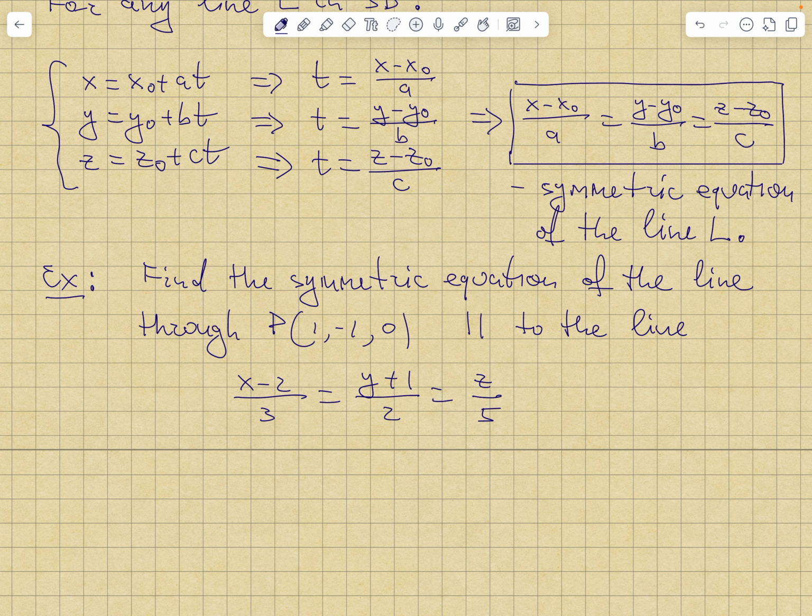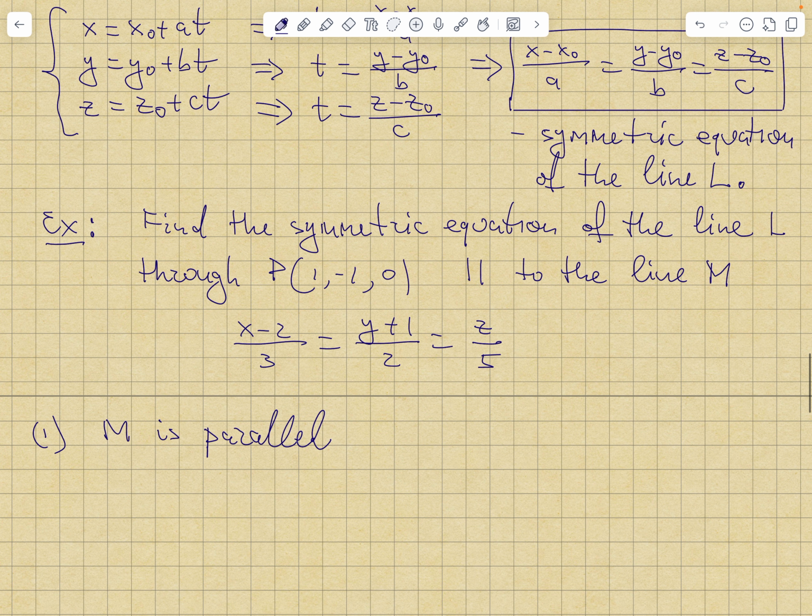first thing that we notice is that, let's call this line line L and this line M. M is parallel, from its equation, to the vector v with components 3, 2, 5.